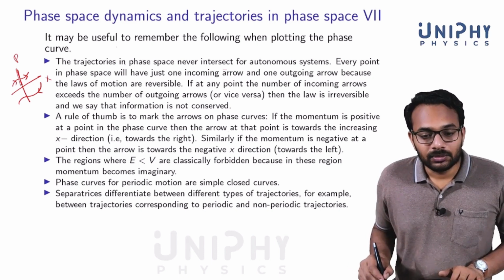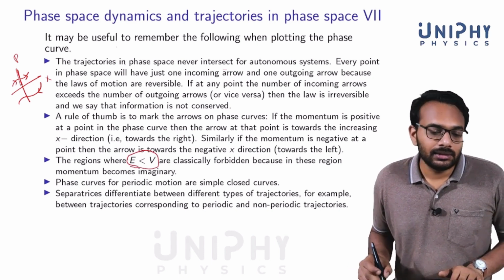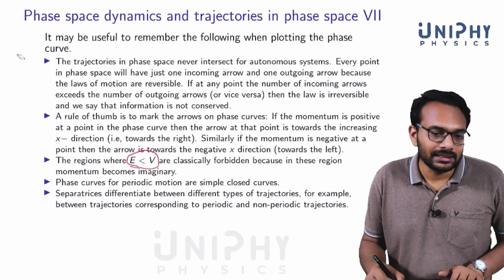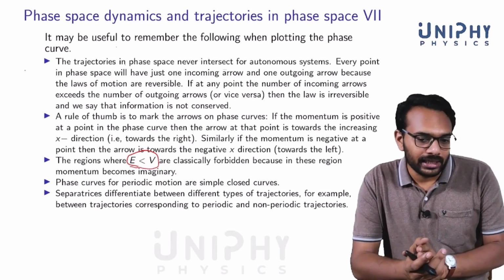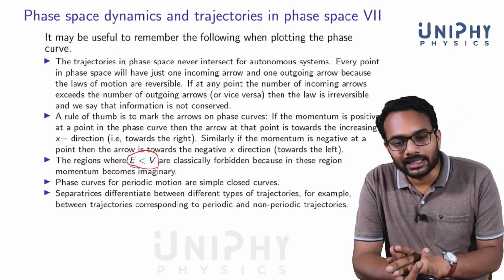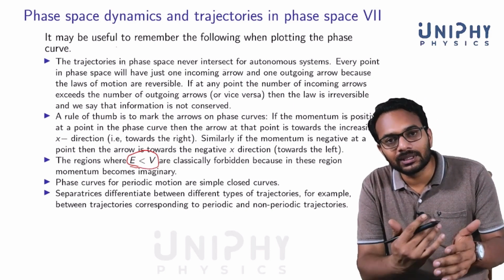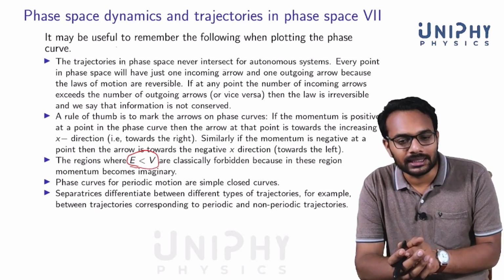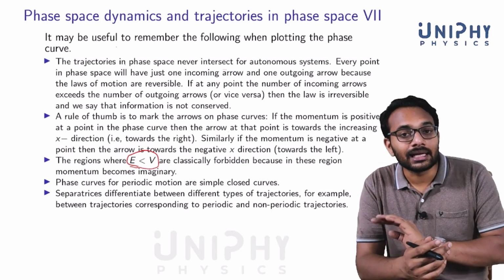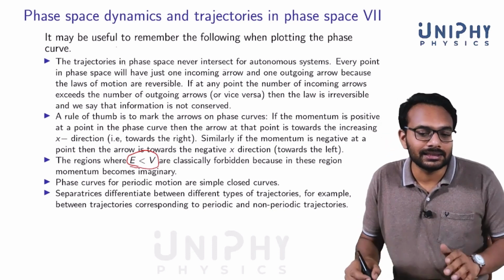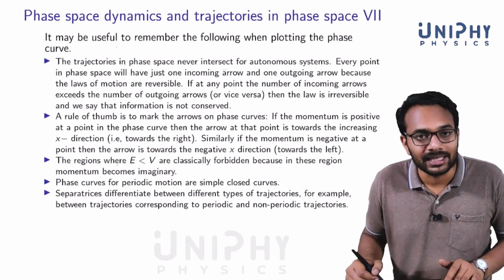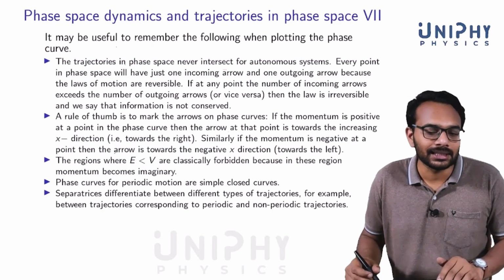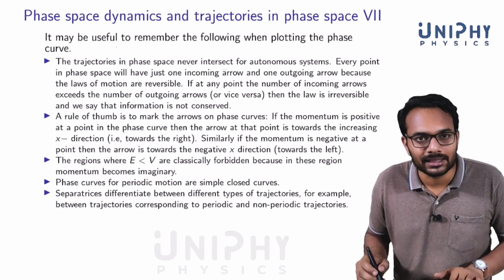The regions where E is less than V. In the graph you will see that when the potential energy is negative, the total energy can also be negative, but the kinetic energy cannot be negative. So there are regions where E, the total energy, is less than the potential energy. These regions are classically forbidden, because in these regions the kinetic energy can become negative, which means that the velocity is imaginary, and such a thing does not exist in classical mechanics.